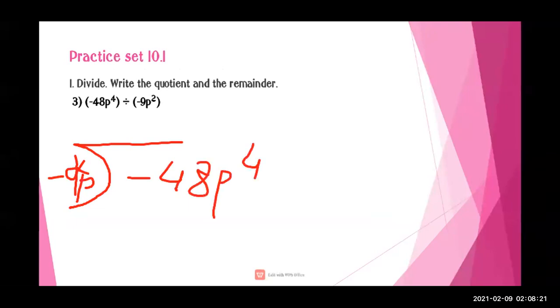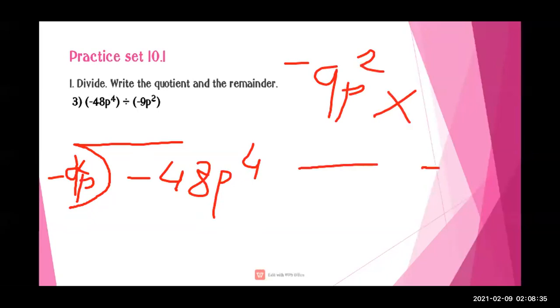Now in your working column, what you are going to write? Yes, minus 9p square multiplied by dash equal to 48p raised to 4. Is it clear?